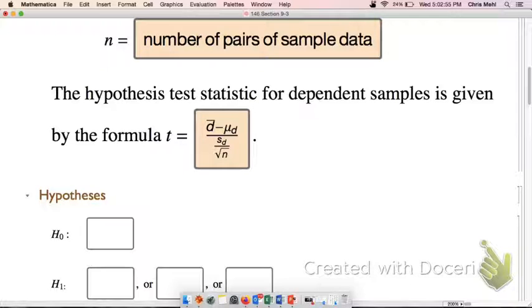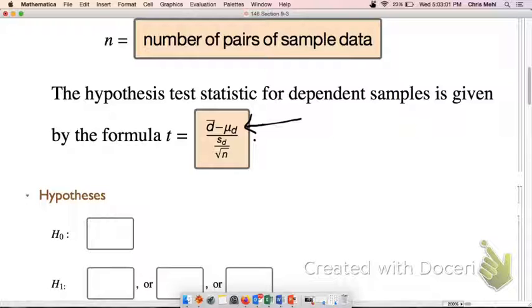So d bar is the sample mean of differences in the numerator, and then you subtract the mean of differences in the population, which comes from the null hypothesis, which we're going to talk about in just a second. Then you divide by the standard deviation divided by the square root of the sample size.